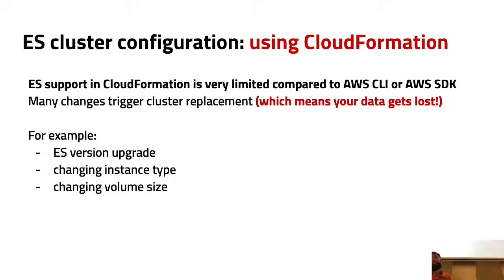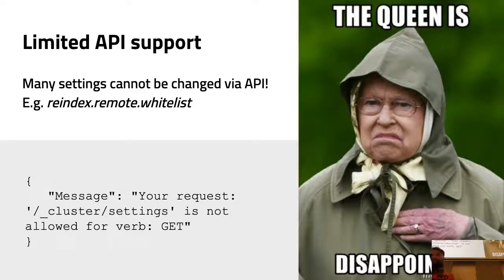Then you can switch the endpoint in the application and continue using the new cluster. But the problem is that you don't have access to cluster settings on AWS, so you cannot change cluster parameters through the native way of configuring a cluster in Elasticsearch.